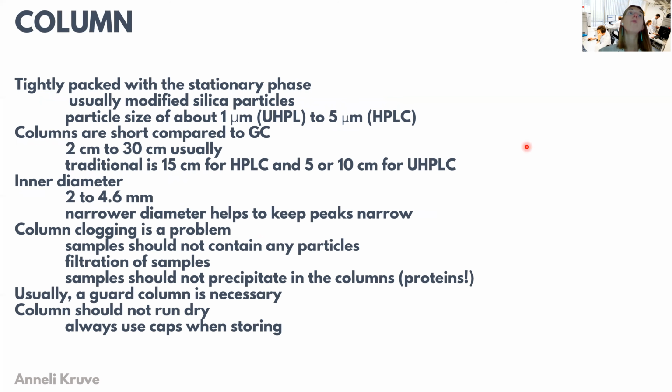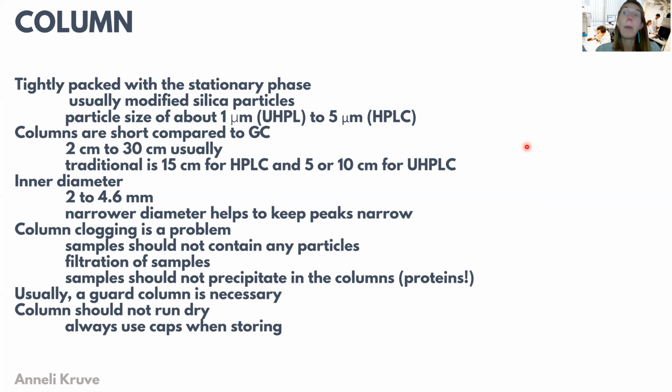Now we carry the sample with the mobile phase that is pumped by the pumps to the columns. And columns are here always tightly packed with different stationary phase particles.